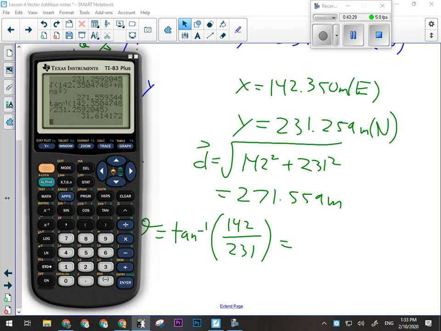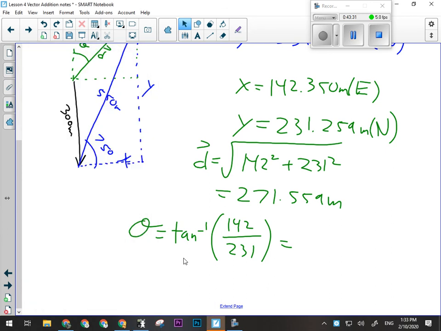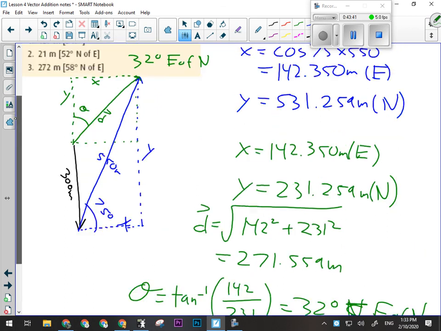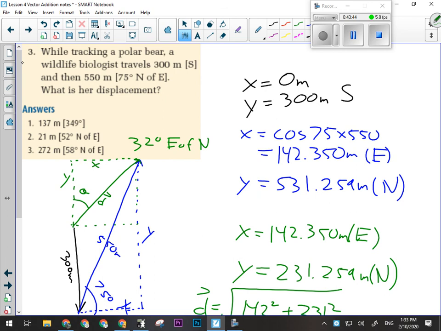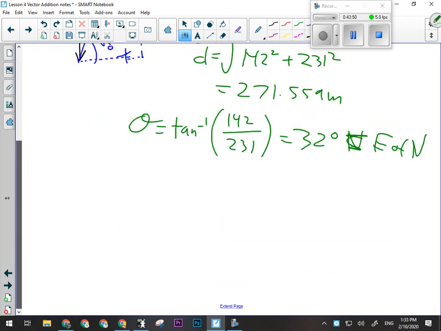That gives me 32 degrees, sorry, east of north. And I only have two significant figures in this question, so their answer is actually wrong. They should have their answer written this way.